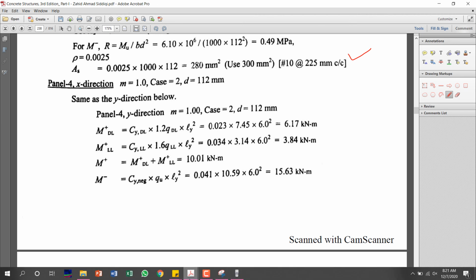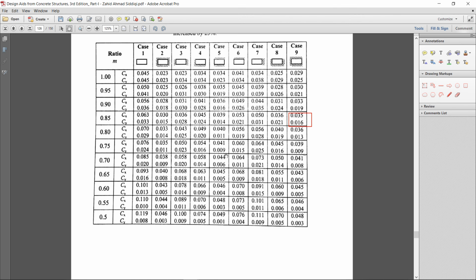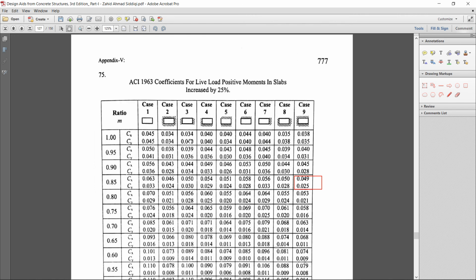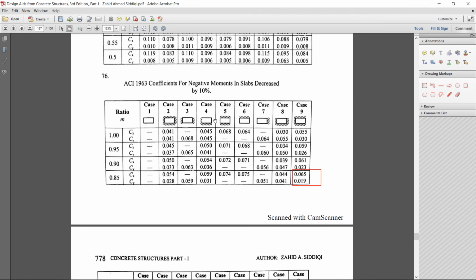So here again I will show, K is 2, M 1. So values are here: 0.023, here 0.034, and here 0.041.